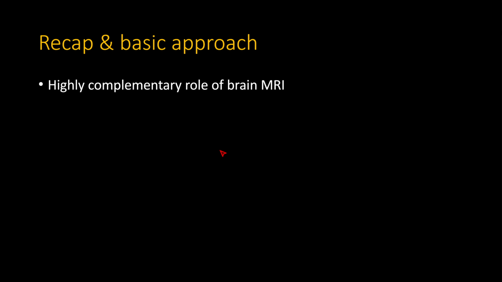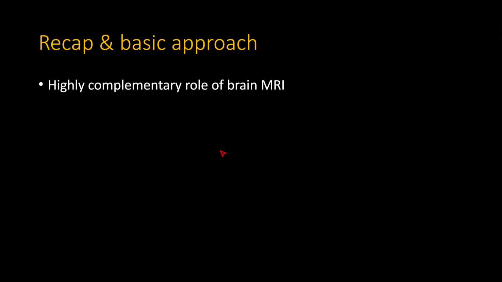And as a final reminder, there's a highly complementary role of brain MRI for pretty much all of these spinal cord lesions. You can never go wrong by recommending a brain MRI to also be performed for further characterization of some of these lesions. If a lesion, for instance, looks tumor-like, but you get a brain MRI and there are also additional lesions in the brain, then you have to really step back and ask yourself, could I be dealing with something inflammatory?